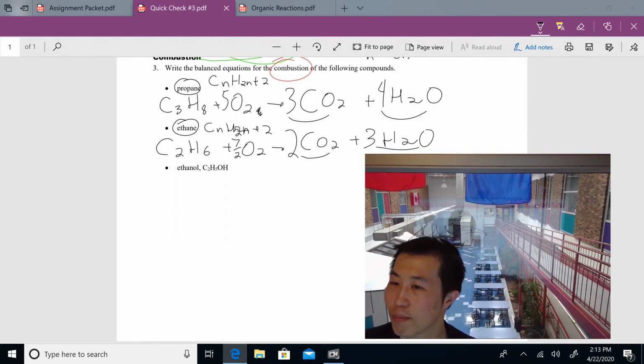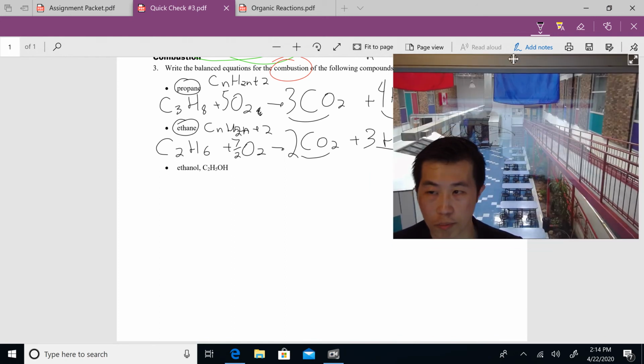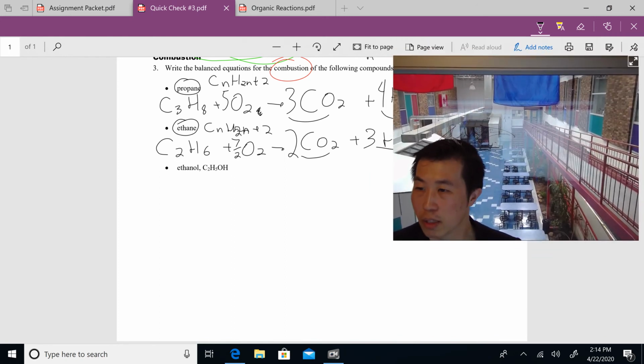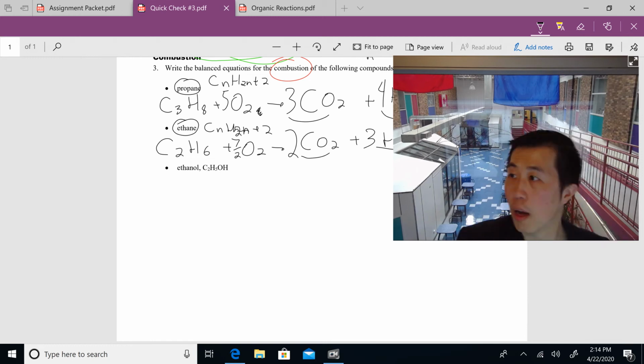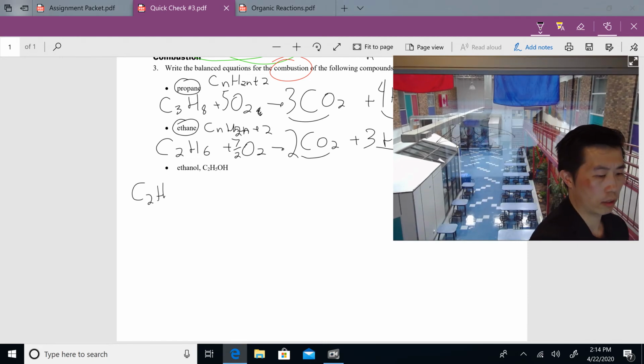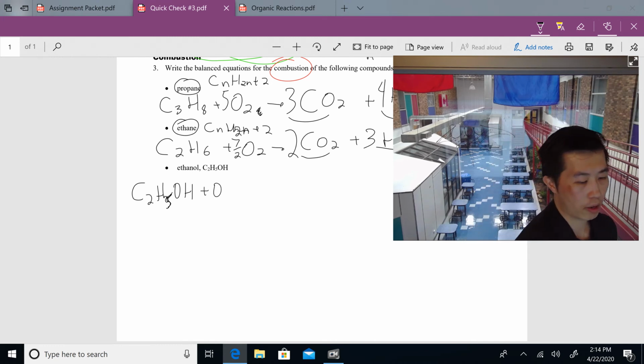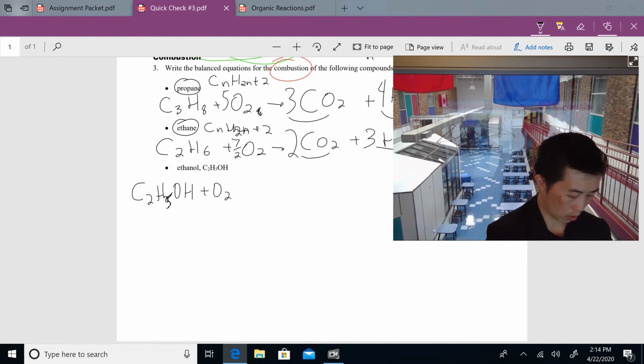All right? Well, the last question, as you can see, is C2H5OH. I can't even write a 5. Okay, so the formula's already there for us, and all we have to do is just to burn this. So we have a carbon again.